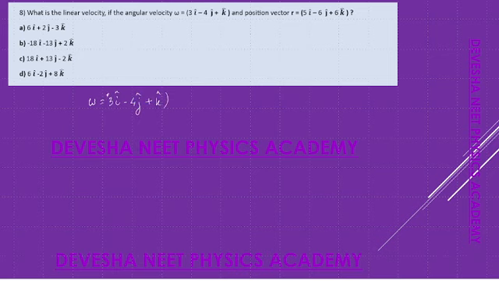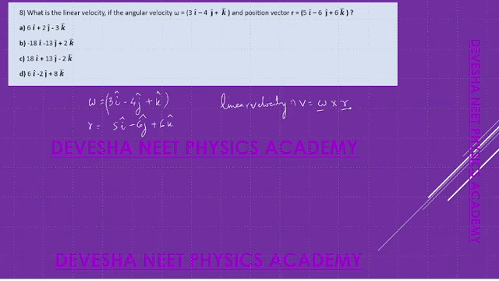And R is the radius, 5i plus 6k. So there is a formula which you might be aware of: linear velocity V is equal to omega cross R.